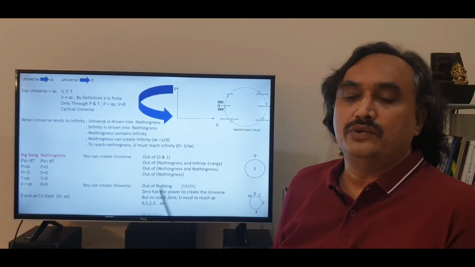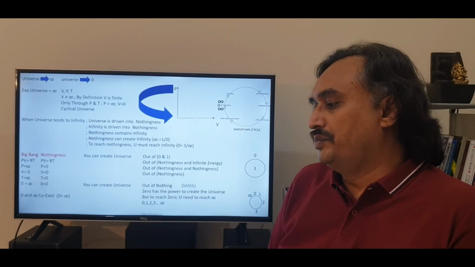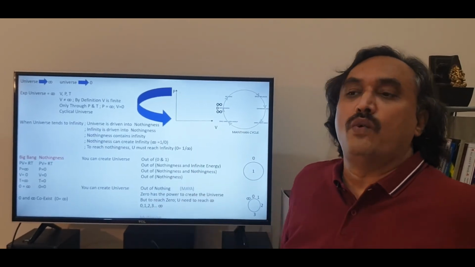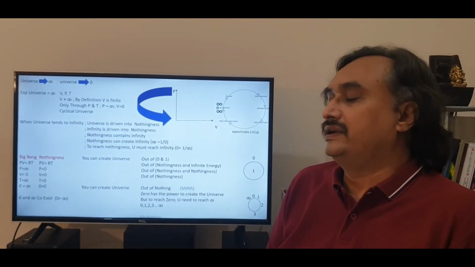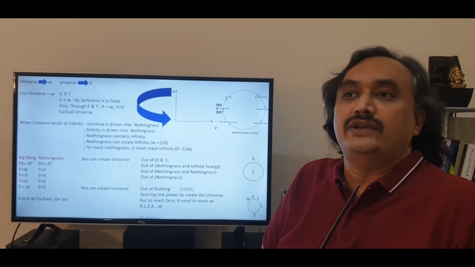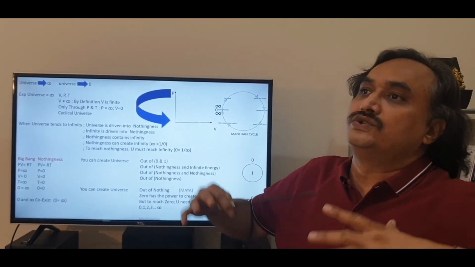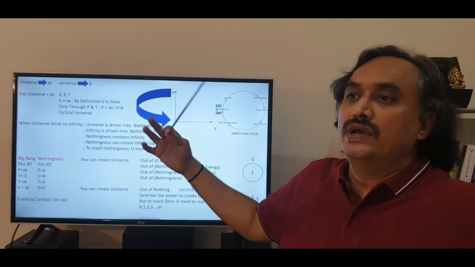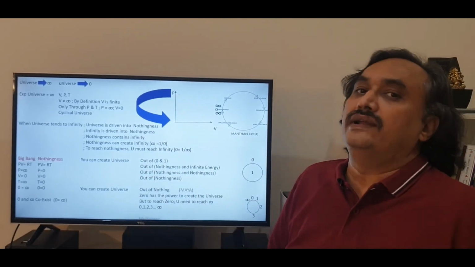Volume is equal to A into B into C. It is in cubic meter. Moment you say volume, it is finite. It cannot be infinite. So to say that the universe is expanding and it is going to a larger value and that is infinity is not really infinity.